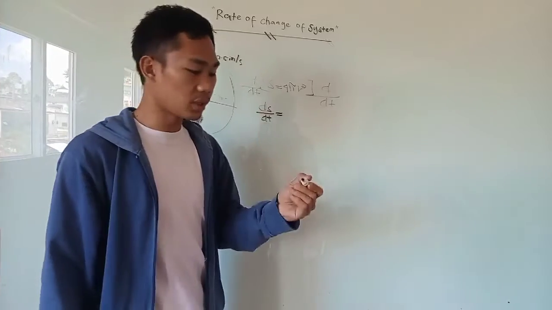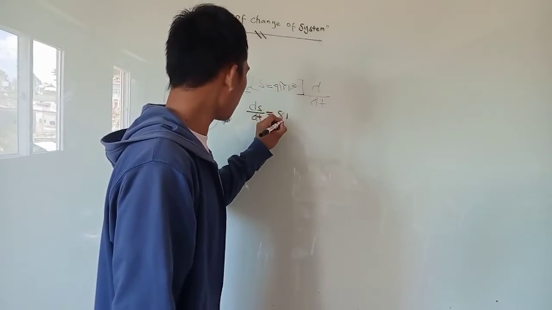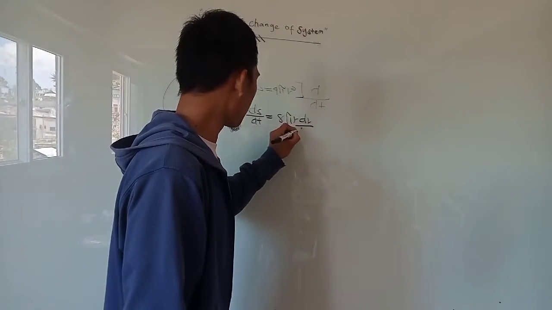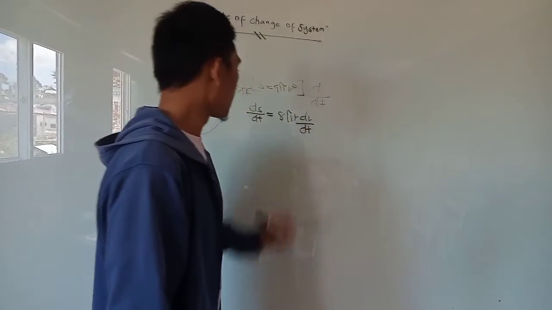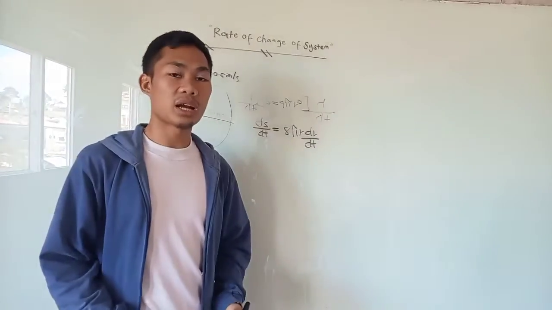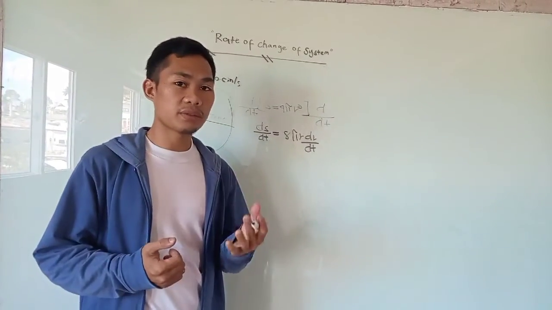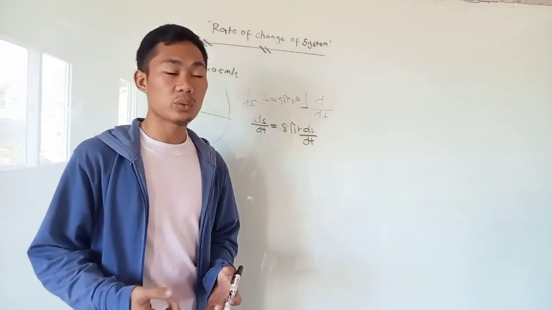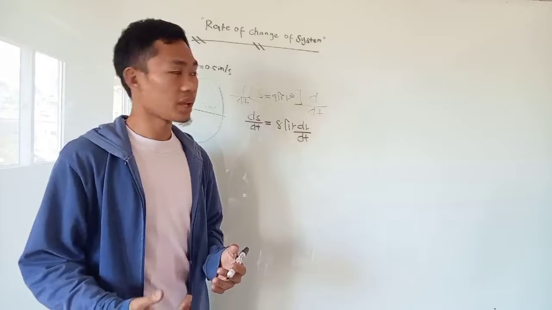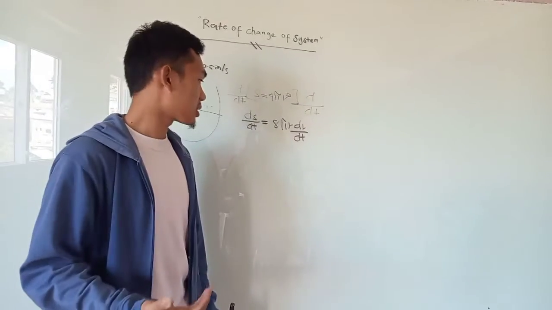So 4 pi r squared will become 8 pi r dr over dt. Okay, so it became 8 pi r dr over dt. Now take note that we already have the value of dr over dt, which is the rate of change with respect to time. That is 0.5 inch per second.